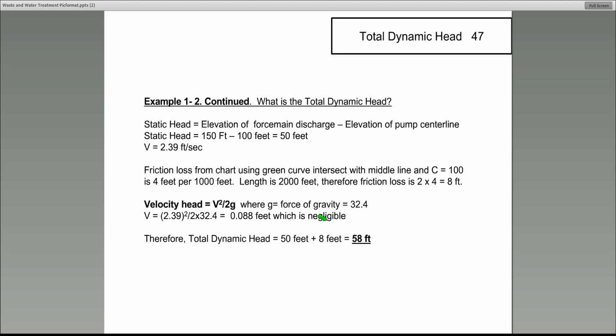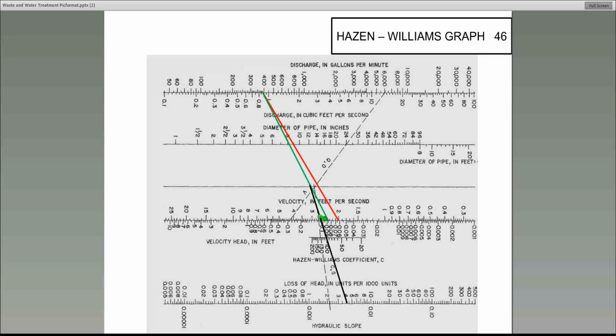So we have, go back here. Okay, here's the friction loss of 4. And we're going to use the value of C equal 100. There's a C equal 100. So we go back to this pivot line on the green line. It goes to the C value of 100, and the friction loss is 4.